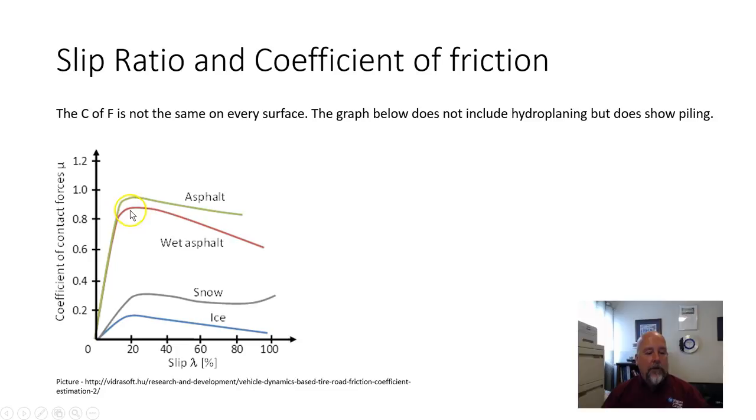You see, if we wet the road, we don't have the same amount of traction. If we look at snow, we see we have significantly less traction, but we get this kind of a neat effect right here. The traction goes up as we get to 100% slip, meaning that the wheel is locked. It's no longer rotating. The vehicle's moving, the brakes have locked the wheel, and our traction actually goes up. That is what we looked at here, piling.